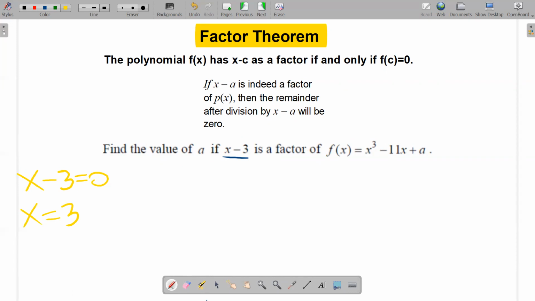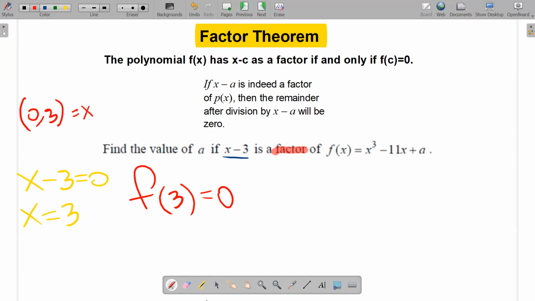But at the same time, since this question is telling us that that binomial is a factor, that means that f of 3 will be just equal to 0. Remember that coordinate (3, 0) is an x-intercept. That's what it is when we are looking for factor theorem. And that should also ring a bell regarding factorization and quadratic function.